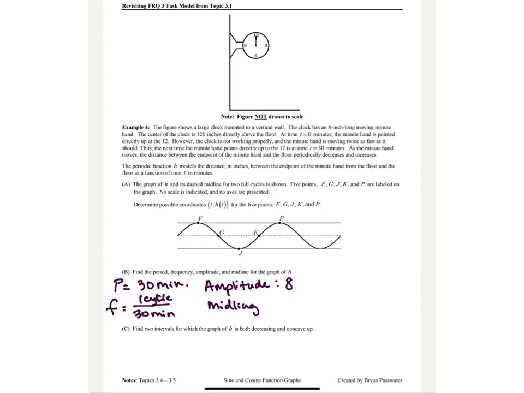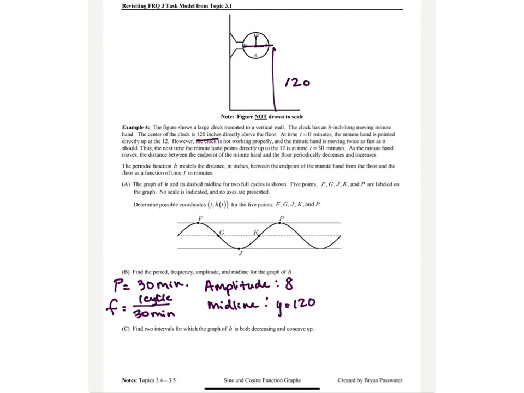The midline's going to be at 120 because the center of the clock is 120 inches directly above the floor. So the midline is going to be at y equals 120. Because the center of the clock height is 120.